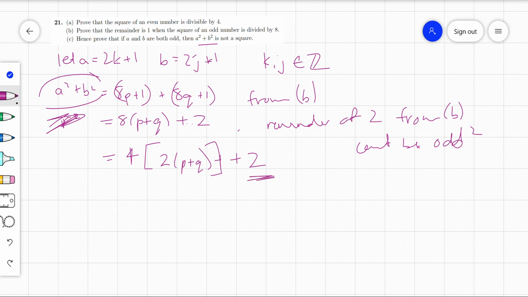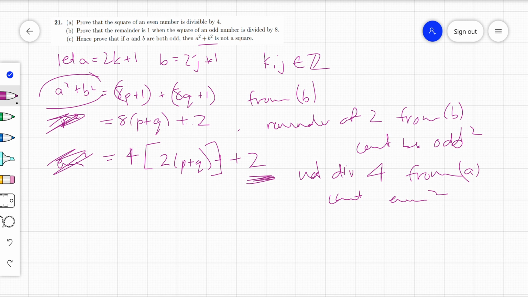So now I'm getting a remainder of 2, so it's not divisible by 4. So from A, it can't be an even number squared either, can it? It can't be an even squared because when we had an even number squared, it was divisible by 4.